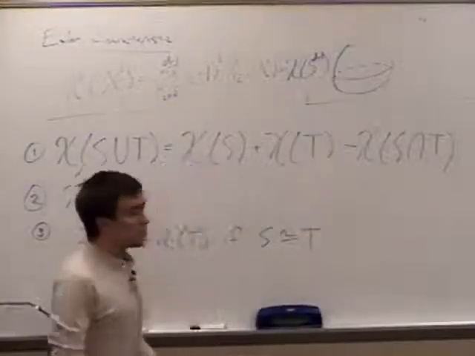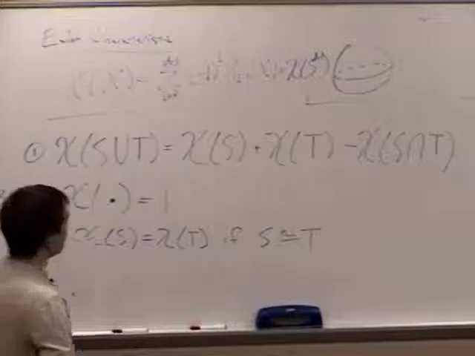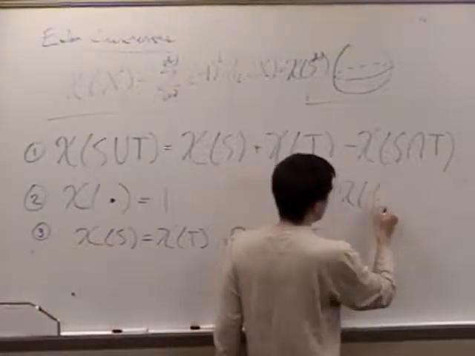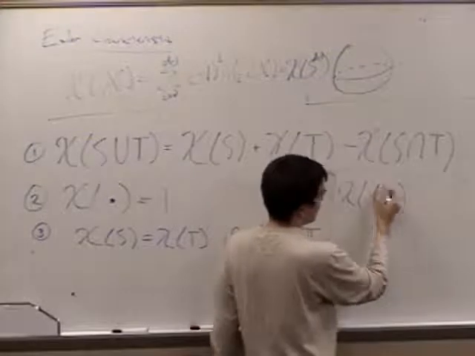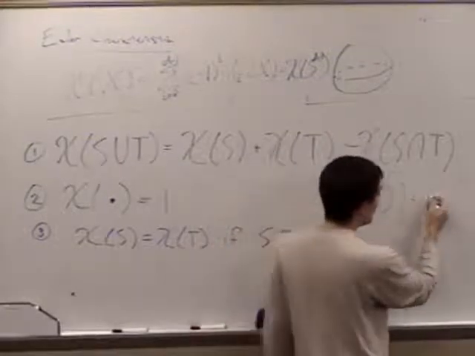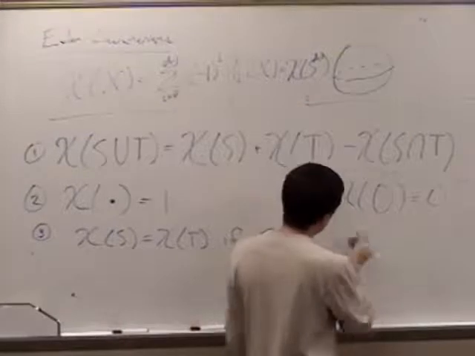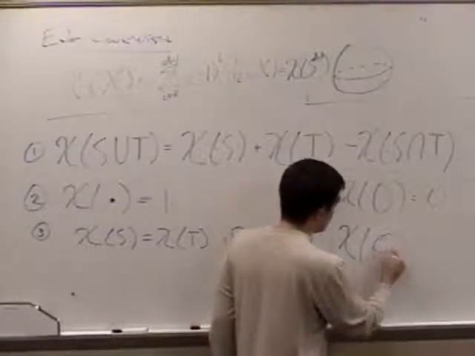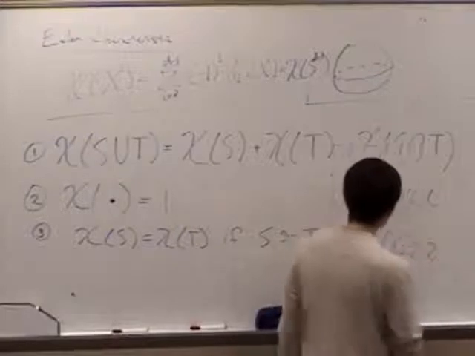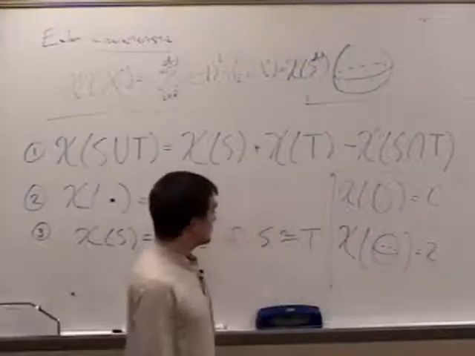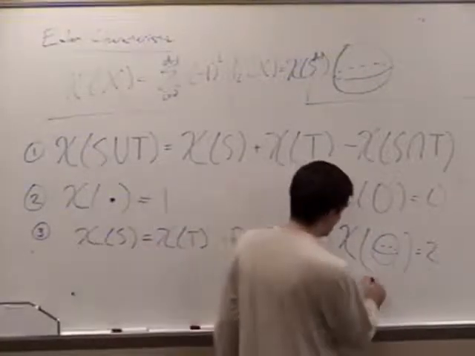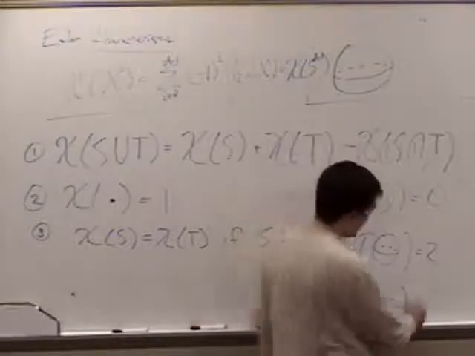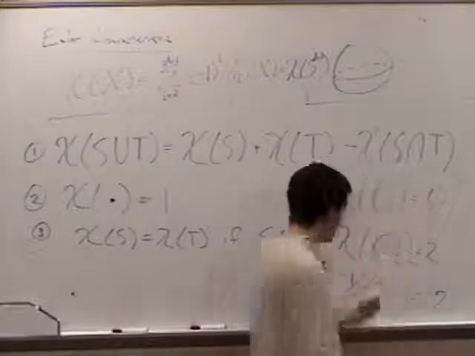All right, so for example, you can say that the Euler characteristic of a circle, this is not 0. It's actually, a circle is equal to 0, coincidentally. And the Euler characteristic of a 2D sphere is equal to 2. So similarly, if we take the Euler characteristic of 2 points, which is actually a 1 sphere, then this will be equal to 2 again, because we have 2 points.